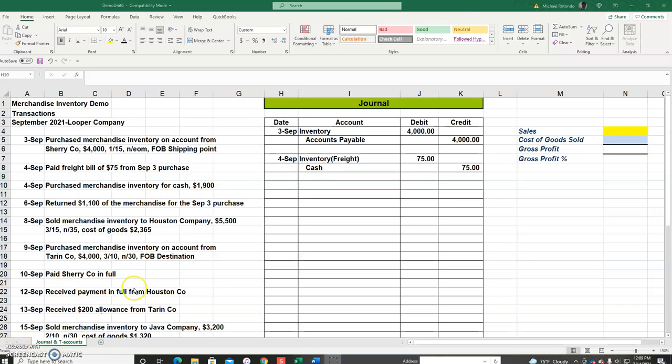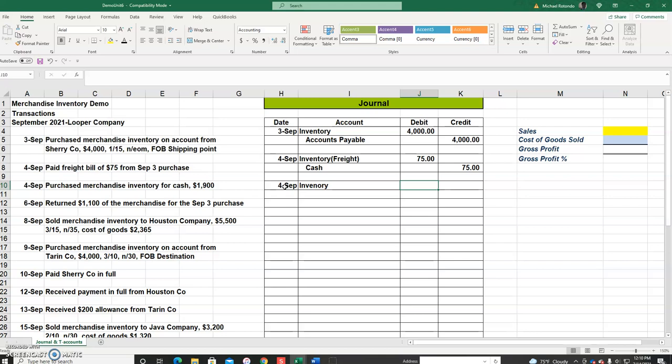So once we get to the next transaction, we see that on September 4th also, we purchased merchandise inventory for cash. So you'll notice that there's no terms. Okay, and we're not given any information on the freight for this particular transaction.